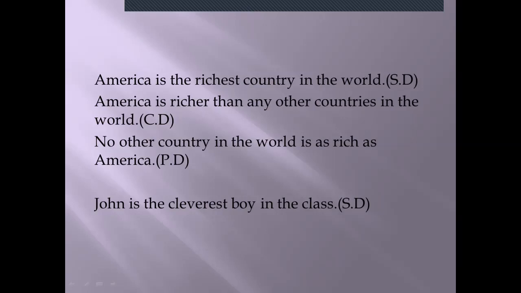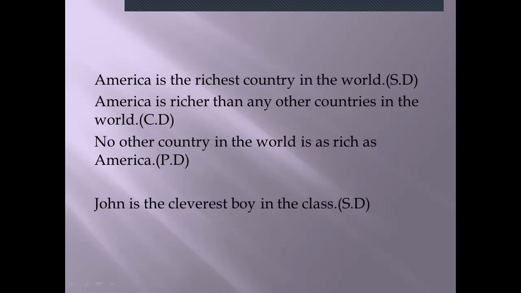Now let us see this example. America is the richest country in the world. Now let's try to change it into comparative. What is the comparative for richest? Richer. What is the positive? Rich. So America is richer than any other country in the world.